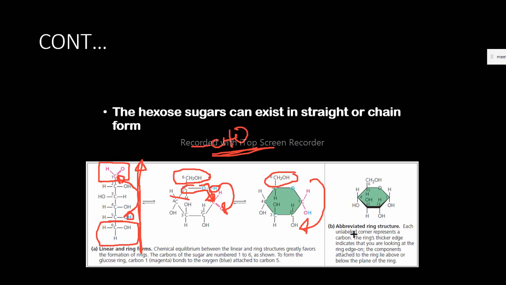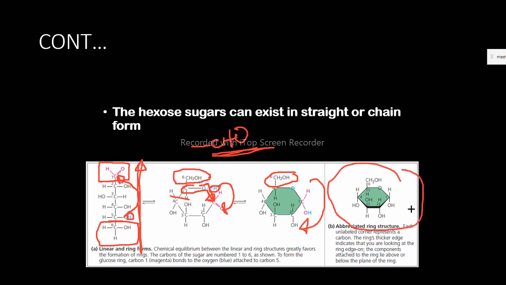So the overall structure is going to be this, with glucose, then O, and then carbon here with OH down, then carbon here with OH down, carbon here with OH up, carbon here with OH down, and then carbon and CH2OH. So this is glucose.